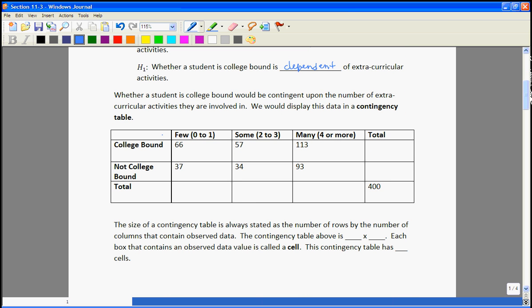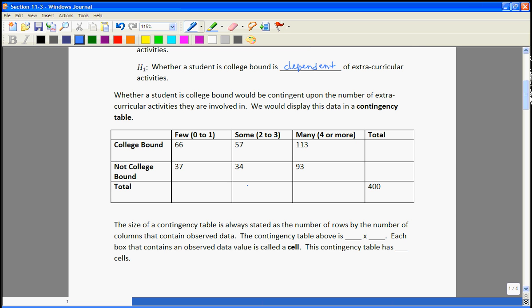So here we have our categories: either they're going to college or they're not. And then we've classified the number of extracurricular activities as either few, 0 to 1, some, 2 to 3, or many, 4 or more. And then we have the number of students that fell in each category. Now, the size of a contingency table is always stated as the number of rows across by the number of columns.